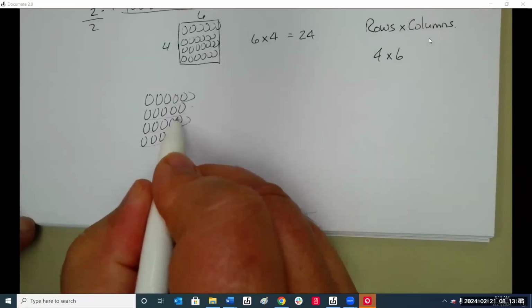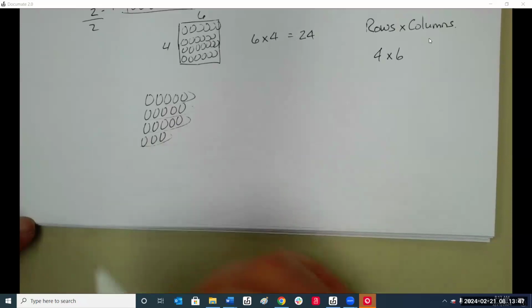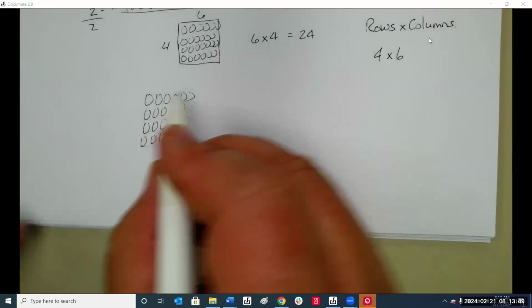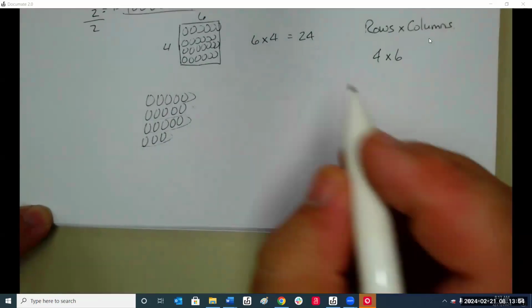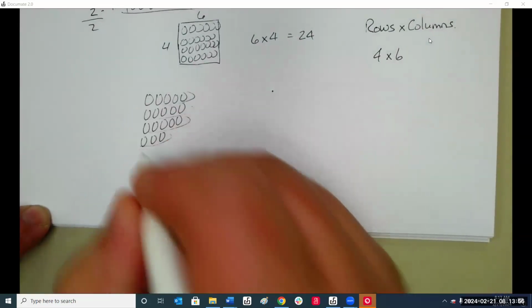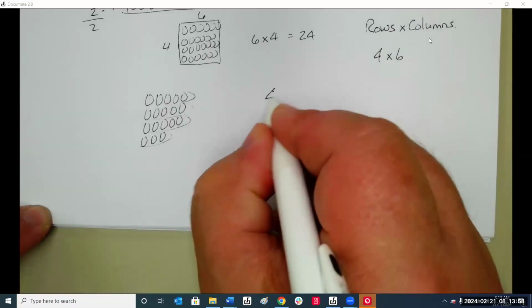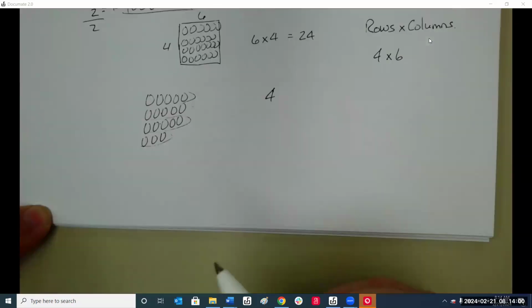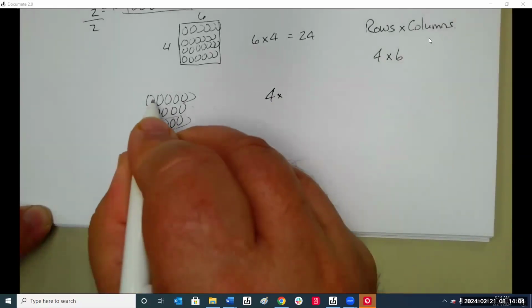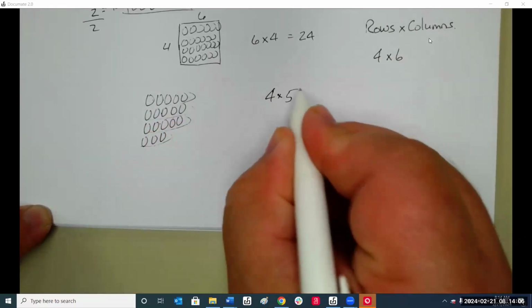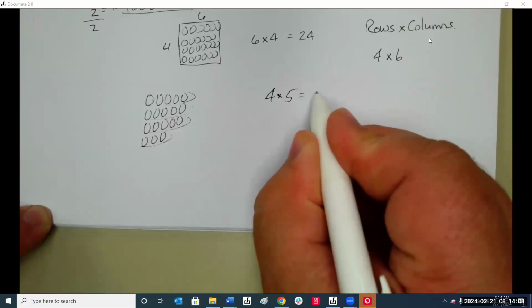It's 5 plus 5 plus 5 plus 3. Well, we know we have how many in each column? How many rows do we have? We have 4 rows. How many in each row? There's supposed to be 5.